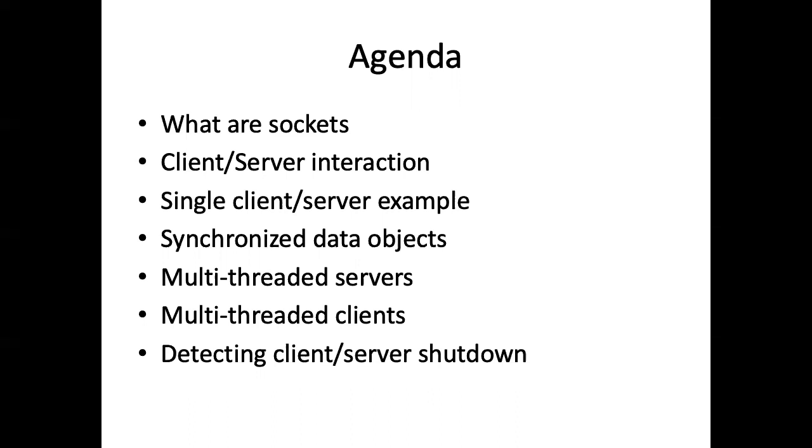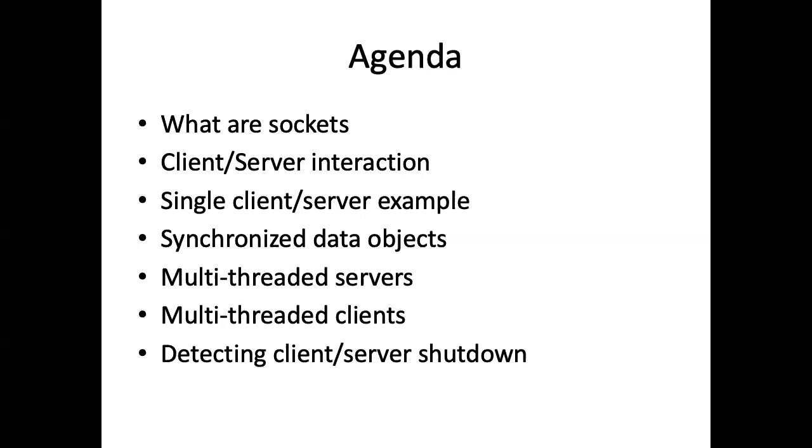We're going to talk about what sockets are, and how clients and servers interact with sockets. We'll then start simple with a single client and a single server. Then we will move up. Then we'll talk about how you need to synchronize sometimes the data objects, just like with threads.